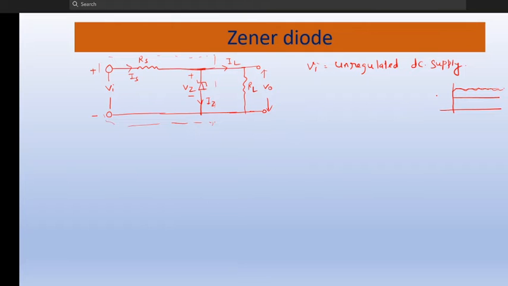Even though we put different types of filter capacitors to remove these ripples, still it is not pure DC, right? So there are some variations in the input supply. Are you following? If you are not following, please stop. So there are variations in the input supply. It is not like a DC. DC should be like this, but it is not like that. There are variations.